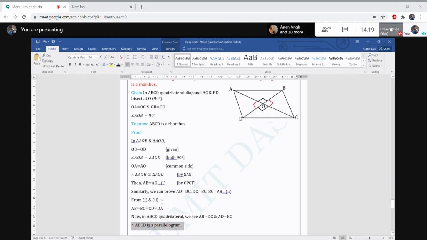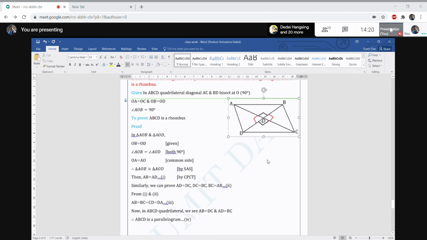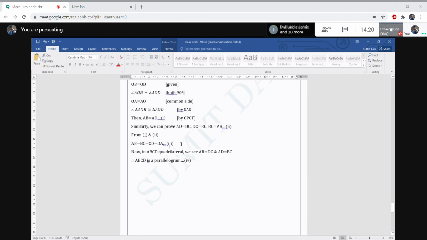Okay, so mark this point as 3, when all are equal, and mark this parallelogram part 4. Now from 3 and 4 we can say ABCD is a rhombus, because we know that in a parallelogram if all sides are equal it will be a rhombus.